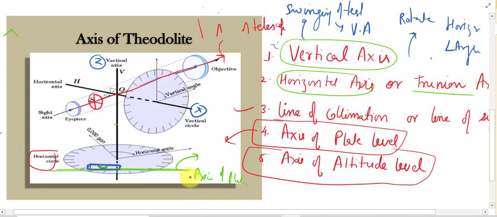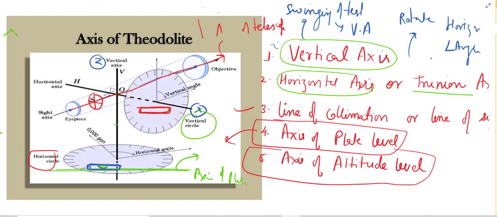Similarly, we have a vertical circle. This vertical circle again has a bubble tube, like this is a bubble tube for the vertical circle. Whenever the bubble of this vertical circle is at the center position, we will draw a tangent again from this bubble like this.